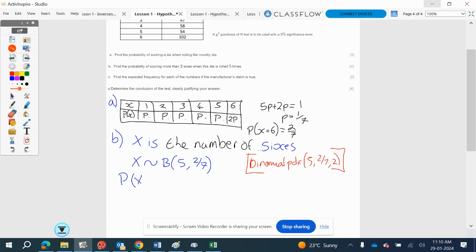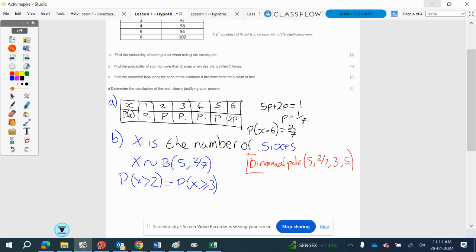Greater than or equal to 3. We would start with the probability that x is greater than 2, which is equal to the probability that x is greater or equal to 3. The calculator notation for this one, which isn't accepted, would be 3, 5.